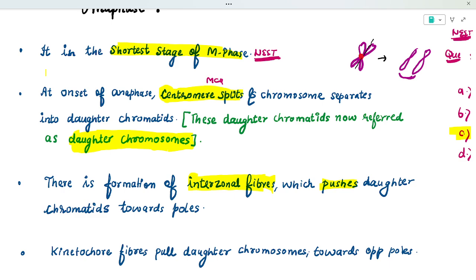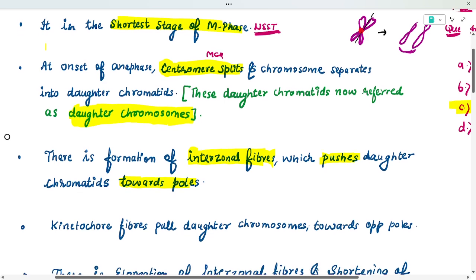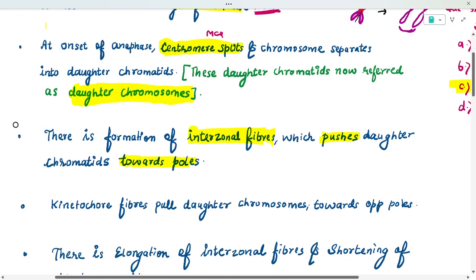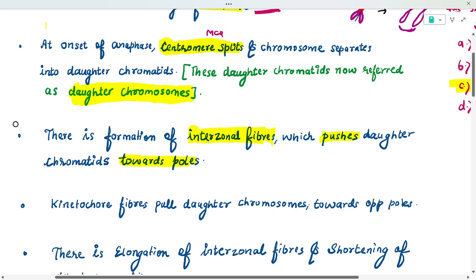They push the daughter chromatids toward the poles, and along with the interzonal fibers there are some other fibers that help to move daughter chromatids toward the poles.